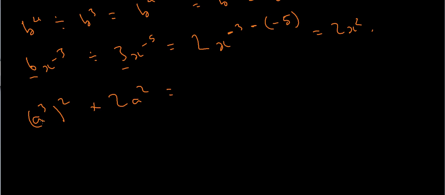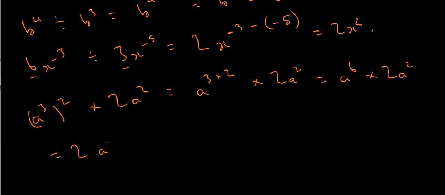Well, a cubed squared, we've got to multiply the powers, so we end up getting a to the 3 times 2, times 2a squared, and 3 times 2 is 6. So that's a to the 6 times 2a squared. And as before, we multiply the coefficients together. 1 times 2 is 2, so that's 2. And a to the 6 times a squared is a to the 8, because a to the 6 plus 2 is 2a to the 8.